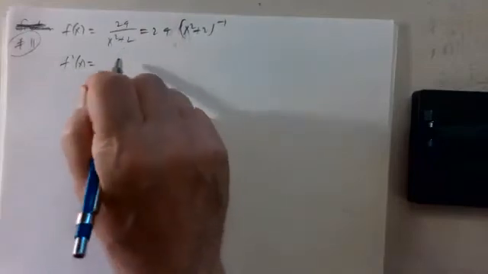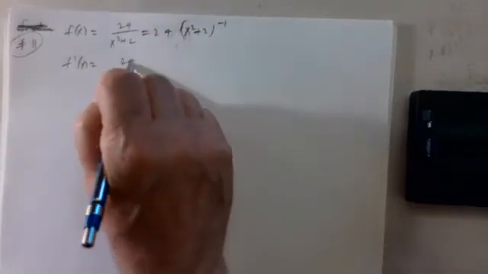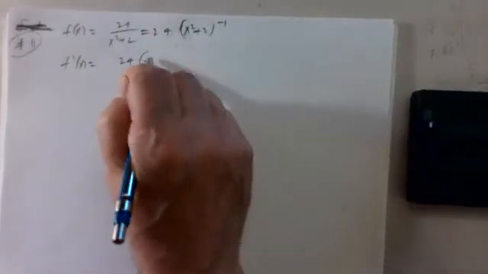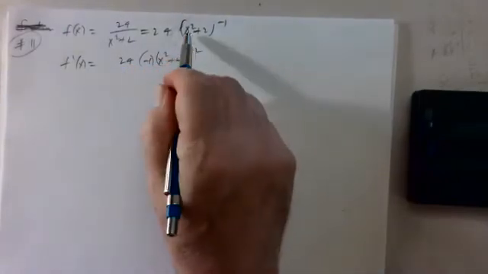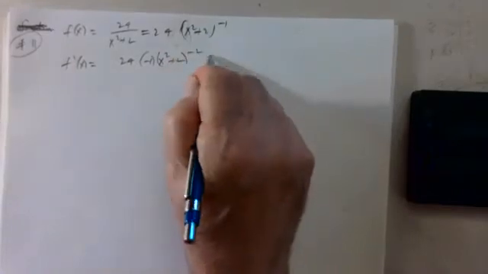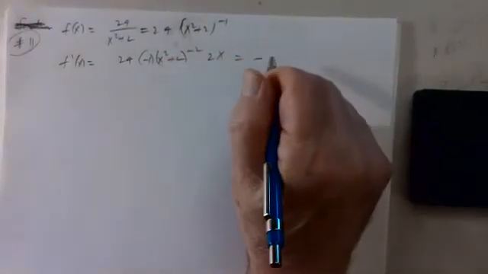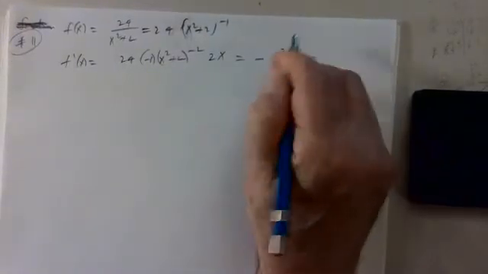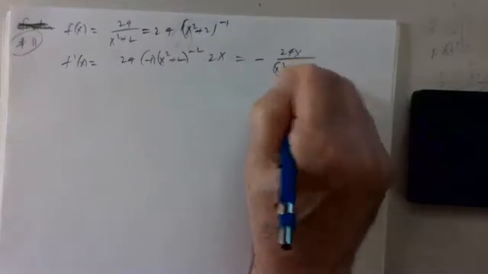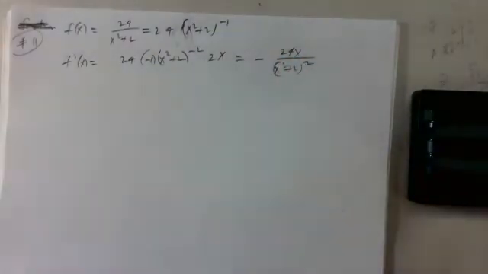It's just a matter of choice. By the chain rule, this is 24 times minus 1 times x squared plus 2 to the minus 2 times the derivative of x squared, which is 2x. So you can write this, if you like, as minus 24x over x squared plus 2 squared.